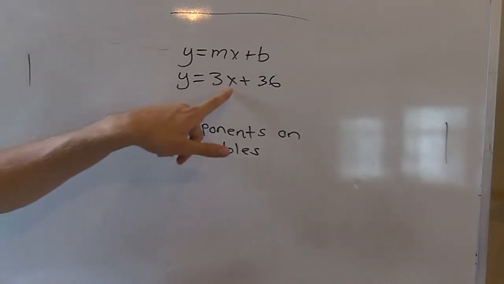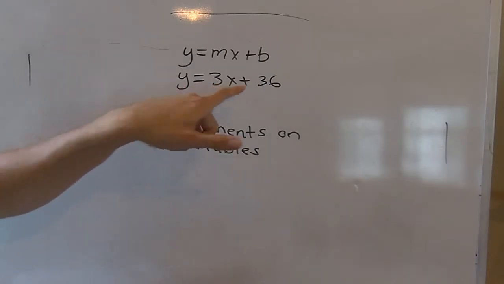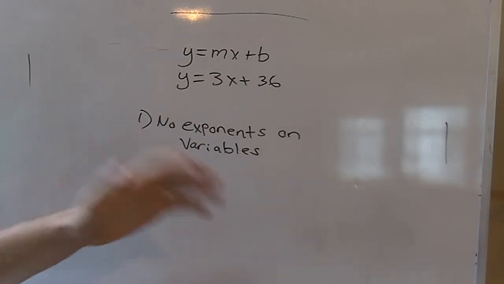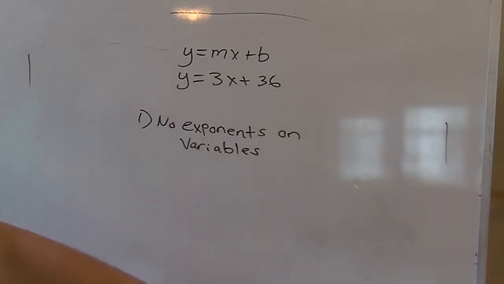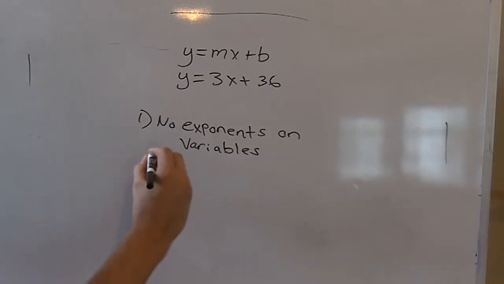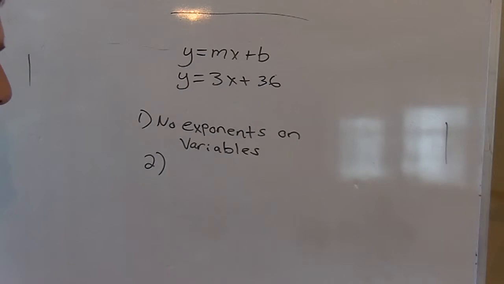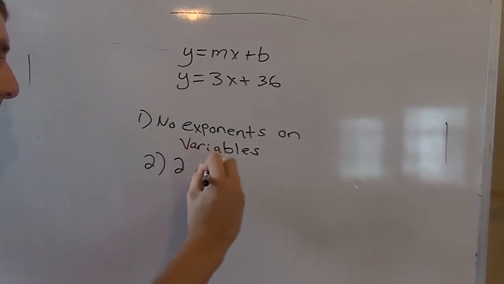The second you put an exponent on a variable, that's when you lose the linear function title and you move to a non-linear function. Now, those are still functions, but they're not lines. So the second thing a linear function needs, remember these are rules for linear functions, is you have to have 2 different variables.